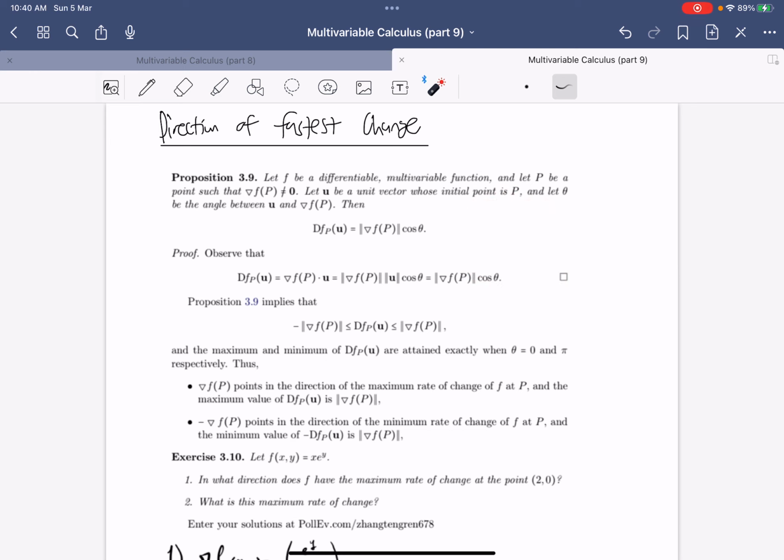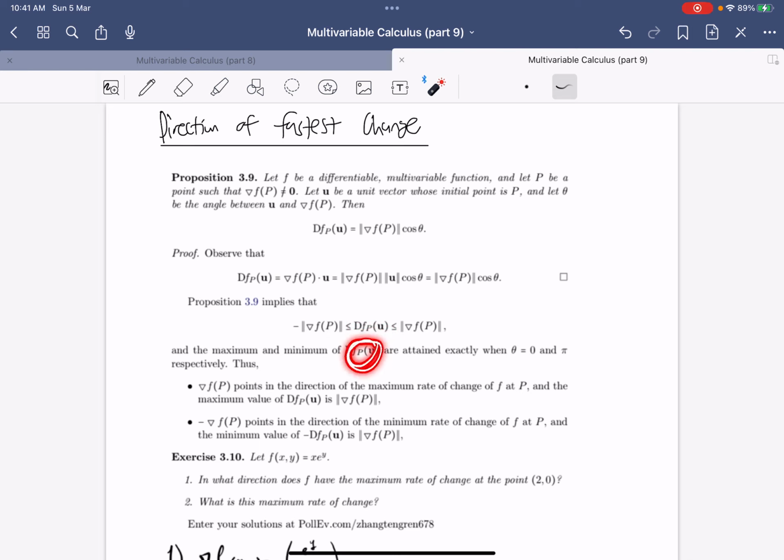So let's say we have a random vector and we have a u here. The dot product would be the following.